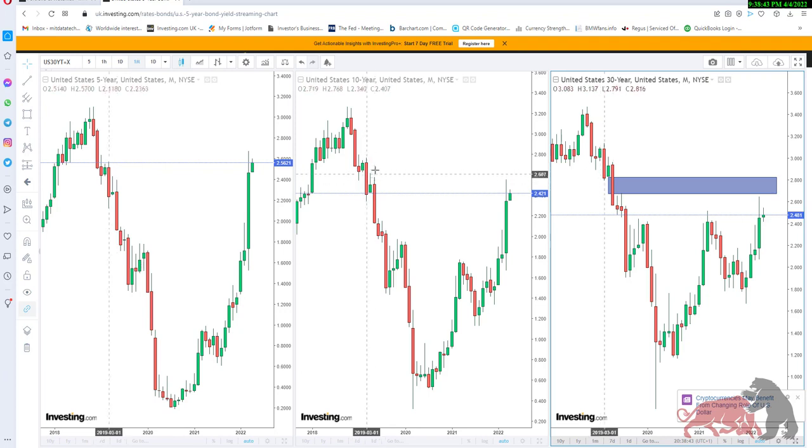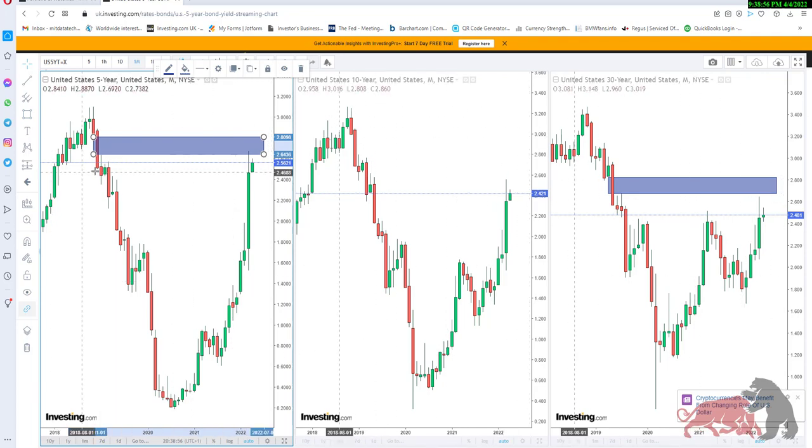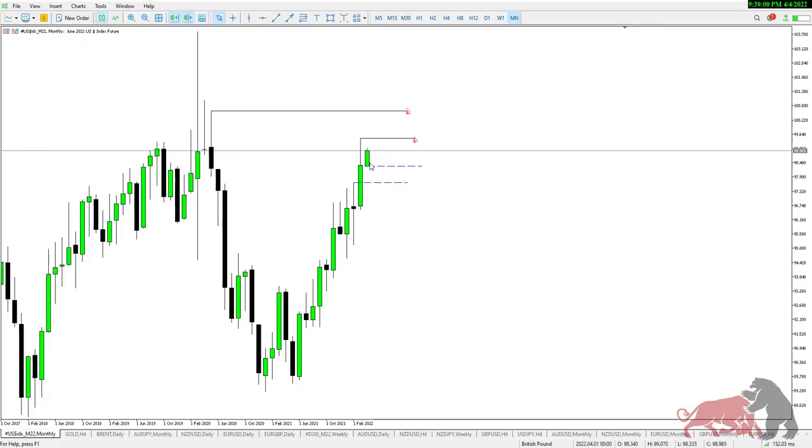We also have imbalance here, though it's a bit smaller on the 10-year. The moment that we see this imbalance getting filled, either on the 30-year or on the 5-year, that will result in a strong dollar. You see, it's going to result in a strong dollar.